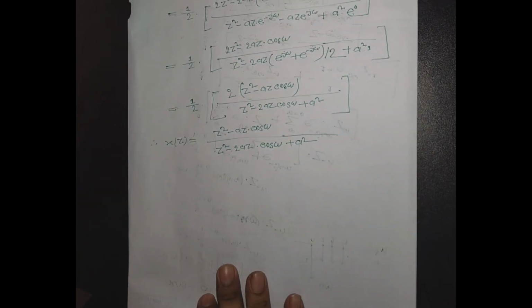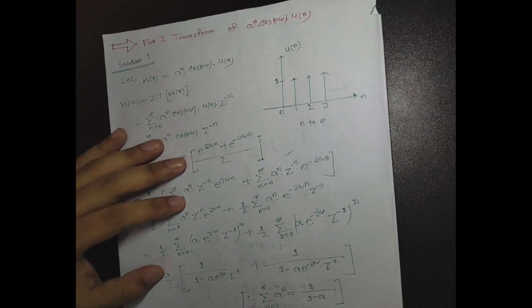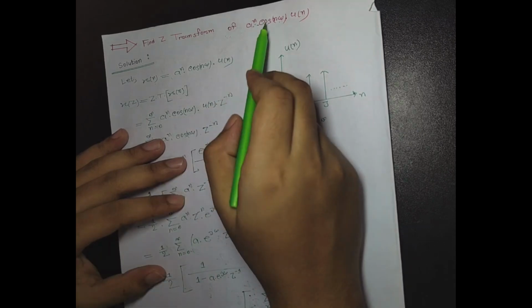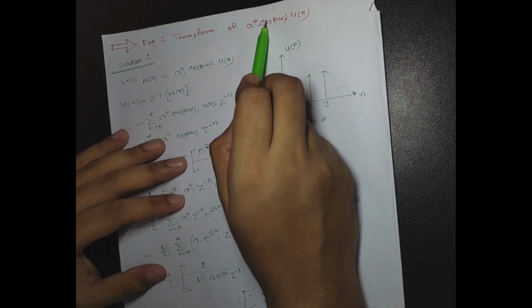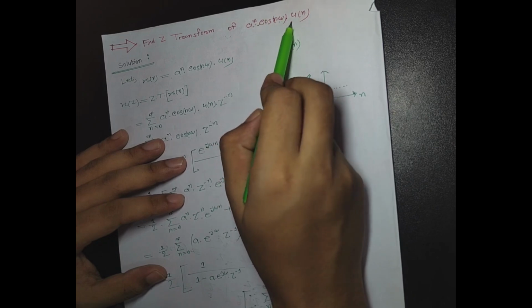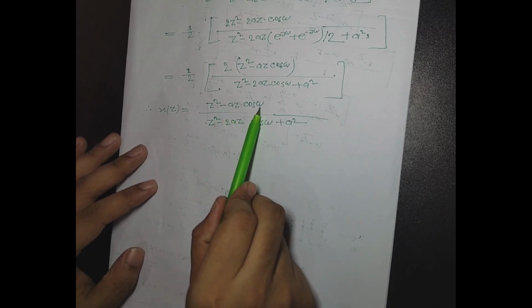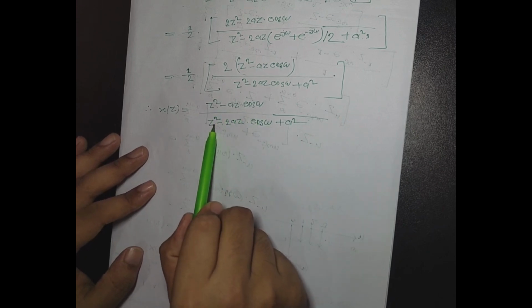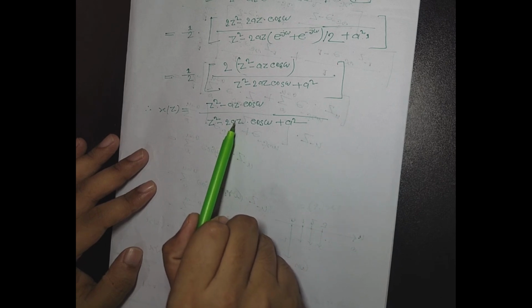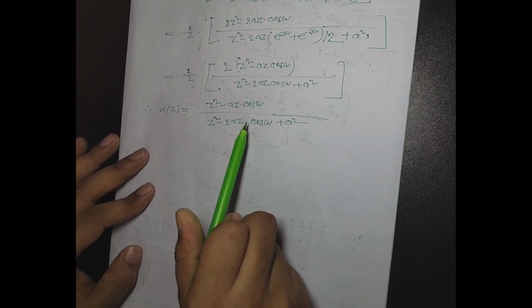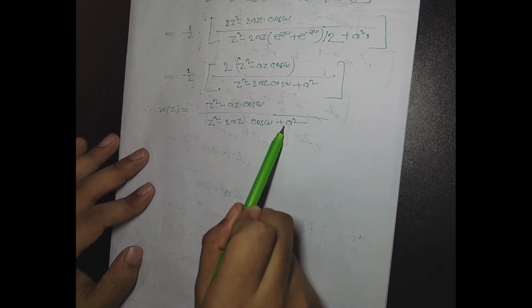Here is the solution: the Z transform of a to the power n cos(nω) into u(n) is equal to z square minus az cos ω divided by z square minus twice az cos ω plus a square.